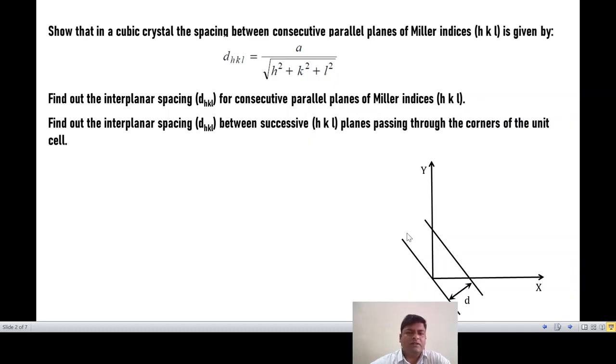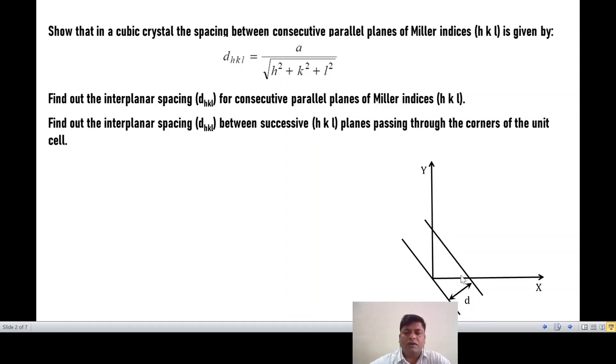When we draw the crystallographic axes, we know that we generally take the origin at one lattice point or atom, and then we extend the axes in a regular arrangement pattern. So this is the x-axis, y-axis. In the case of the HKL plane passing through the corner of the unit cell, one plane will be at the origin and another plane is at the given distance or intercept.